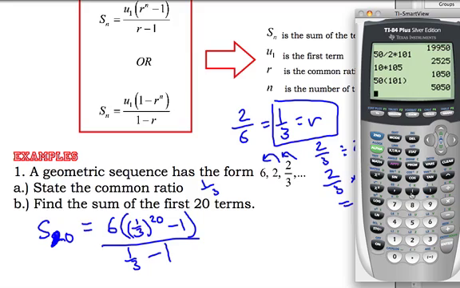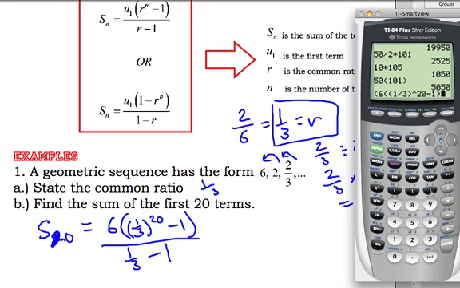Now because we're dividing here, we're going to use a big bracket and put everything in the numerator in first. There's going to be a lot of brackets here. So we're going to have 6 times in brackets, I'm going to put another bracket for 1/3 to the power of 20 minus 1, and that's it, I believe.